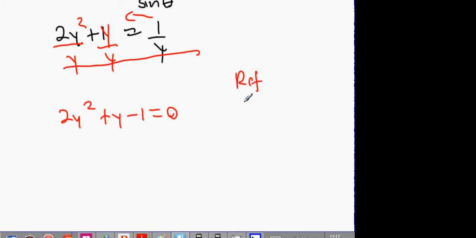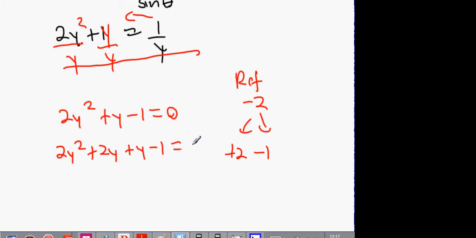Reference number of minus 2. We're going to get plus 2 minus 1. 2y squared plus 2y minus y minus 1 equals 0. That is a minus y, thank you.